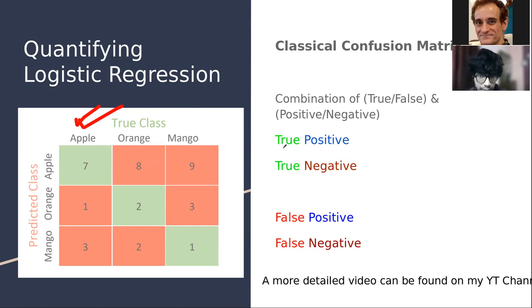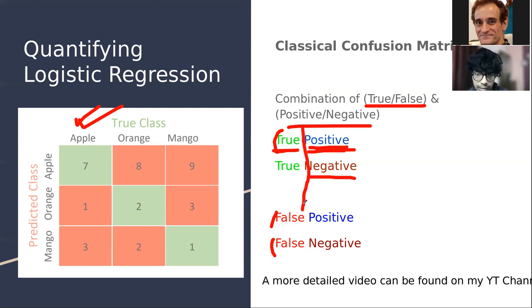The best way to remember this is the way I remember it. It is a combination of true, false and positive, negative. You first need to understand what is positive or negative, and then whether or not it is true.